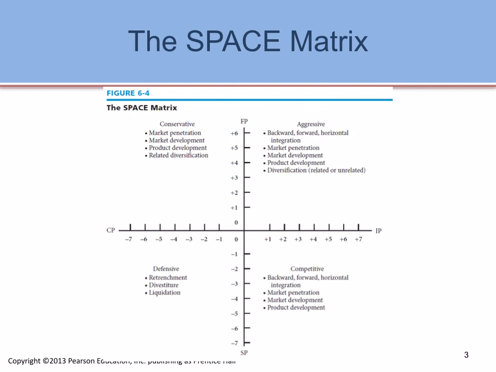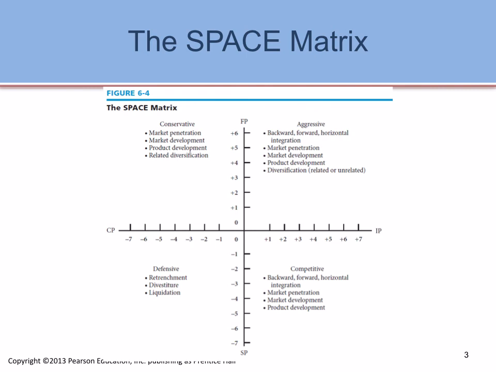In other words, it indicates which of these strategies is more appropriate for a given organization. So in order to create these strategies, we need to first know which indicators we should put on the X and Y axis of the 4-quadrant framework.